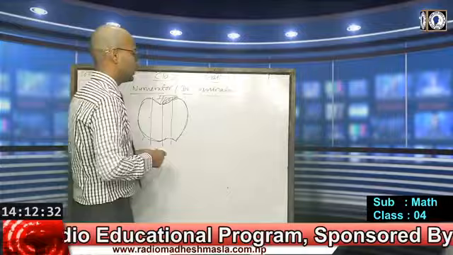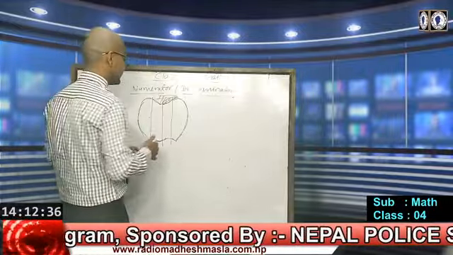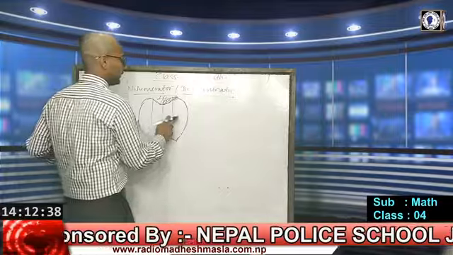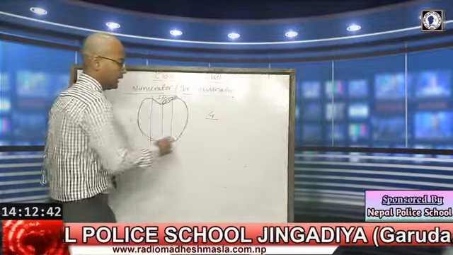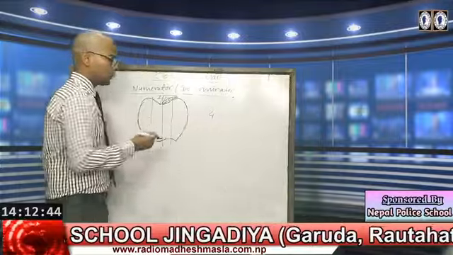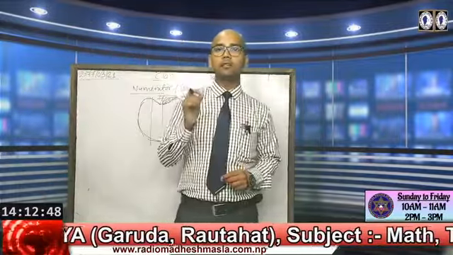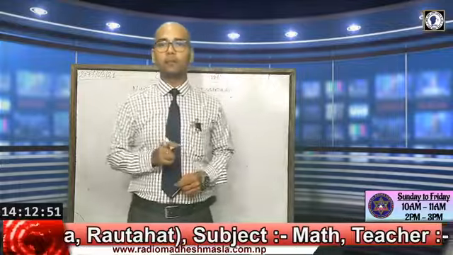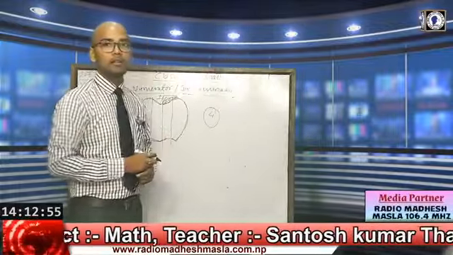So if we count the cut parts, we get 1, 2, 3, 4. So how many parts are there altogether? 4 parts. As we know, according to the definition, the total number of parts is written as the denominator. So this 4 should be written as the denominator.